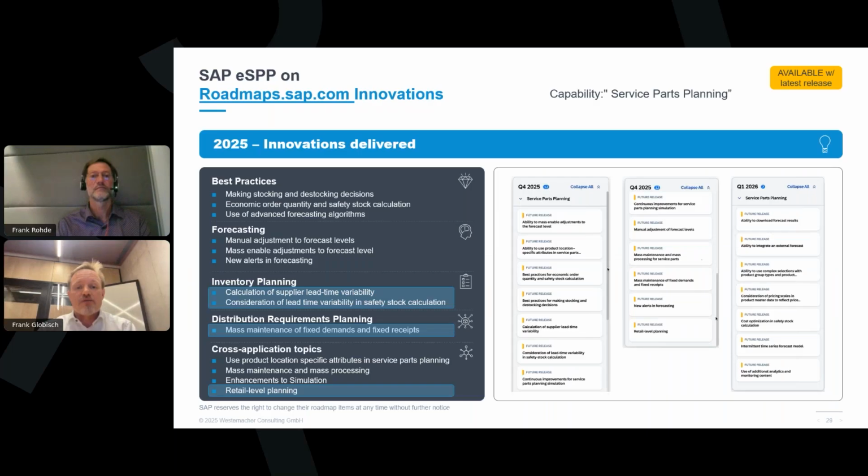But now let's have a look at that. Our roadmap is available at roadmaps.sap.com. There is a small search window. When you put in there the capability service parts planning, as it's written on the slide, you will see what you see on the right side of the slide, an overview of all our planned innovations.